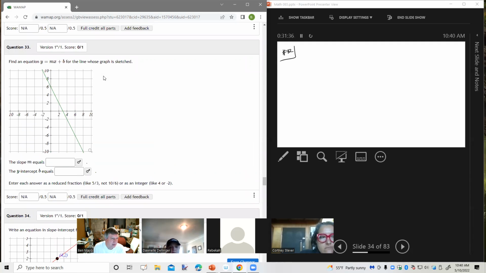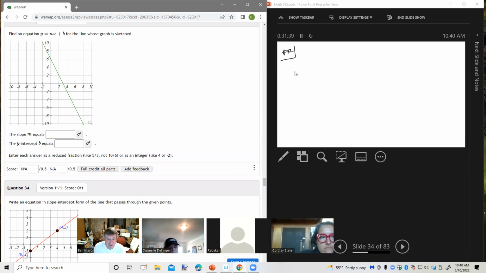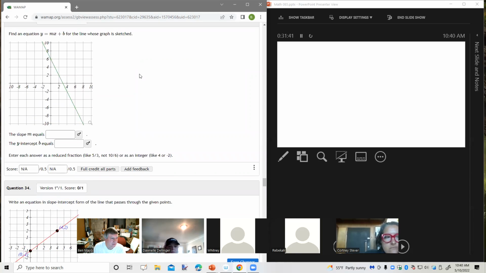All right. Here, 33, this one is better. We can see it. Find an equation y equals mx plus b for the line whose graph is sketched. All right, so again, you could enlarge this one if you need to, but I can tell the slope. Let's take it from this point to this point. We're going to go down 2 and over 1.